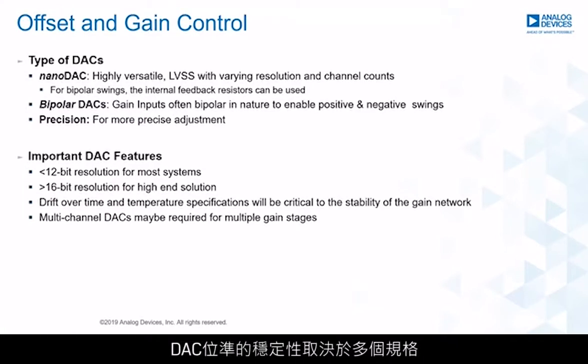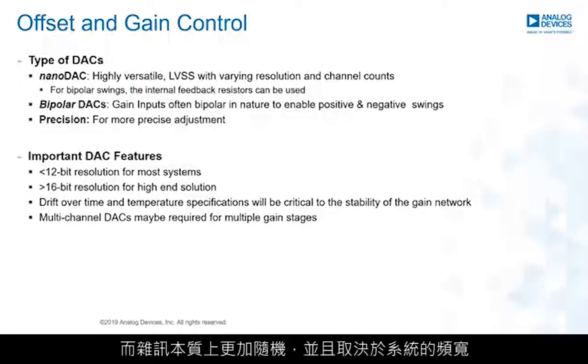How stable the DAC level is will depend on a number of specifications, with drift and noise being the dominant contributors, and also the level of the load being driven. Drift can be due to temperature, the DAC reference, or general lifetime changes in silicon. Drift can often be calibrated for, while noise tends to be more random in nature and depends on the bandwidth of the system.